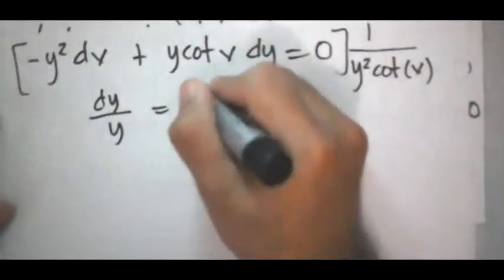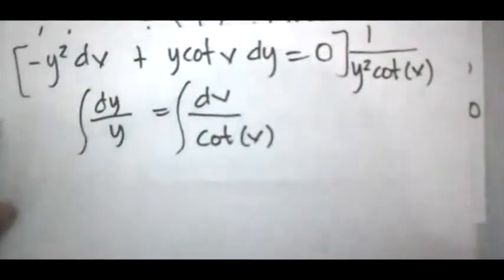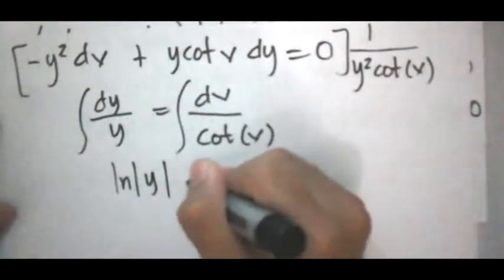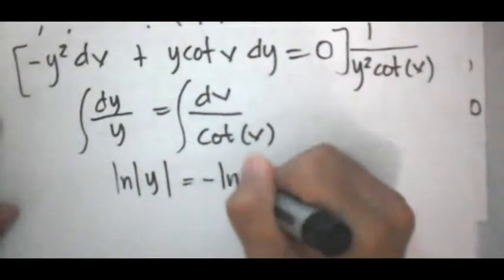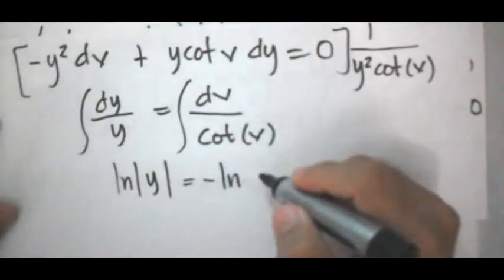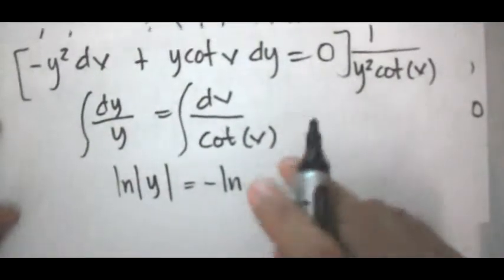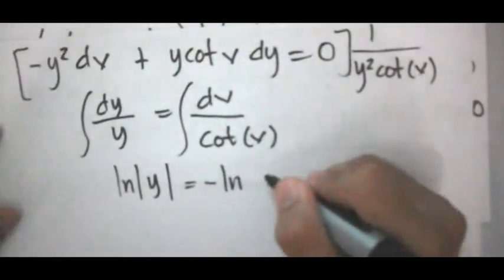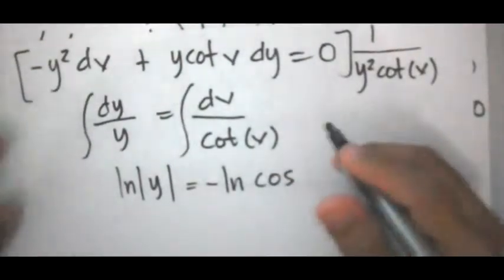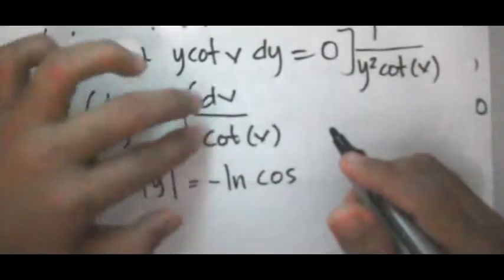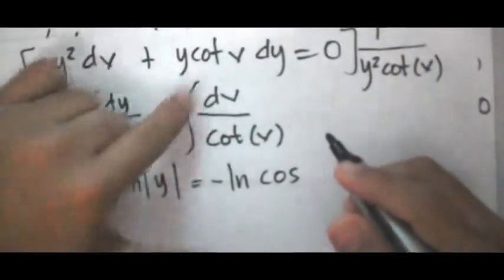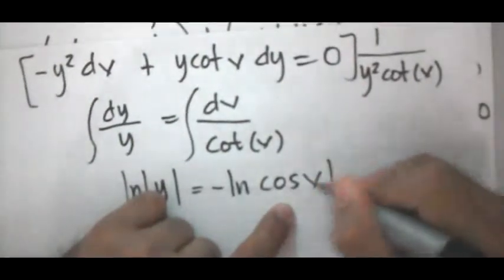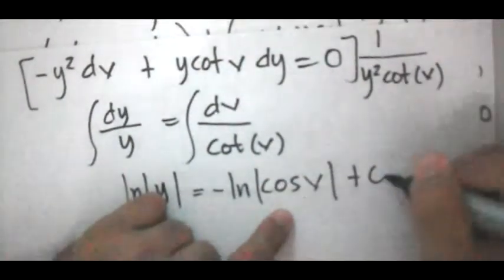Integrating both sides, we get ln y equals the integral of this. Cot is 1 over tan, so it is tan v, and the integral of tan v is negative ln cos v plus c.